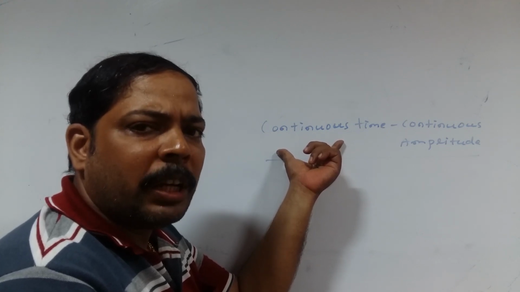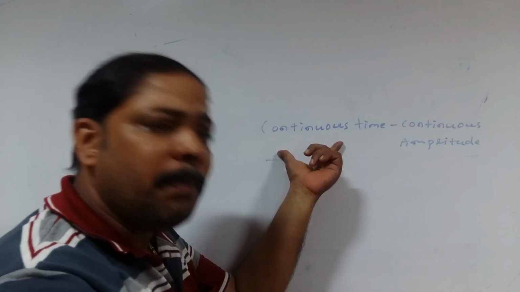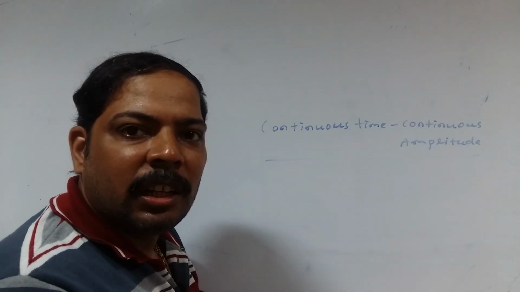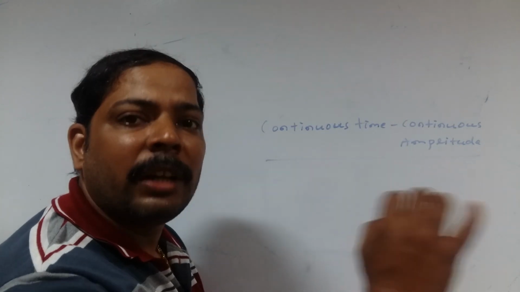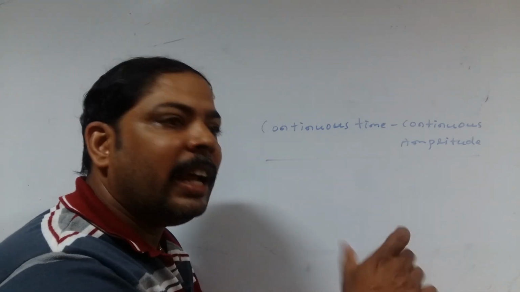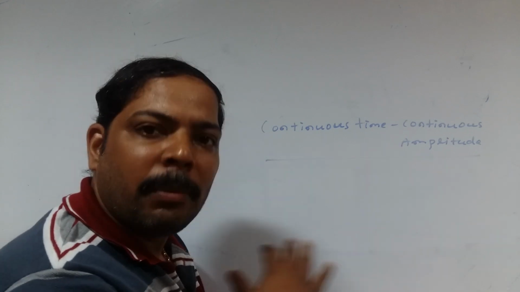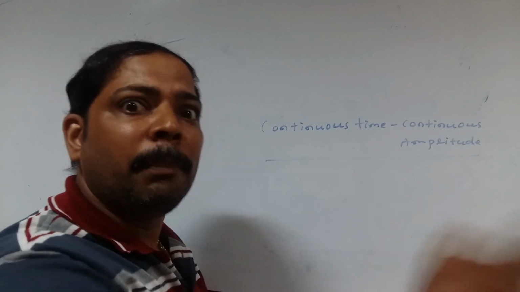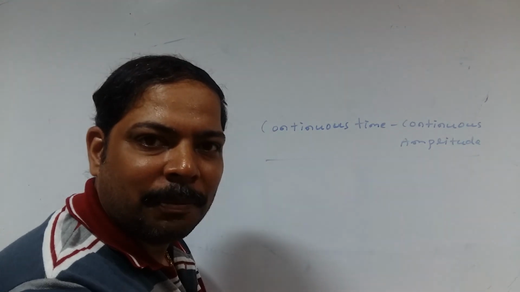A signal is said to be continuous in time if for each and every time point over the time axis the signal values exist. That means any time you consider over the time axis, for all times the signal value exists. You imagine a shape in which you put all the time points over the time axis, and if all the time points are present in the signal, that means for all time points we are defining the signal. That is basically known as a continuous time signal.